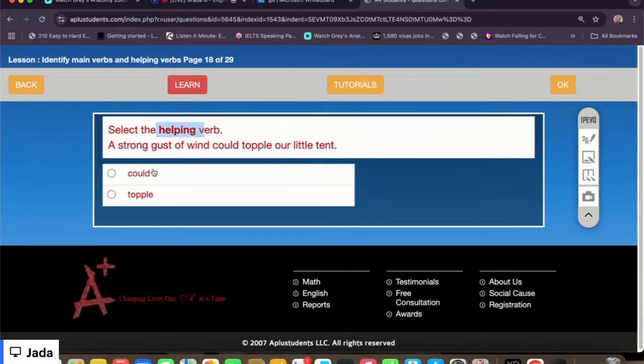Like the helping verb, a strong gust of wind could topple our little tent. So what is the helping verb here?